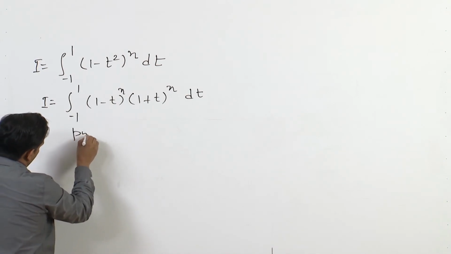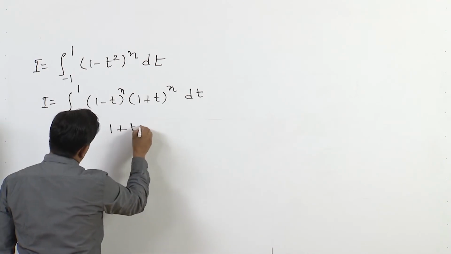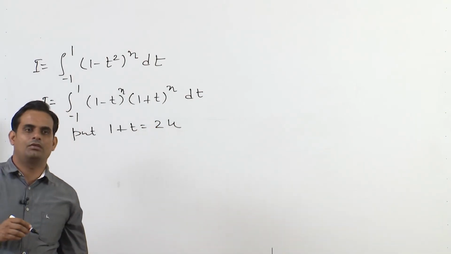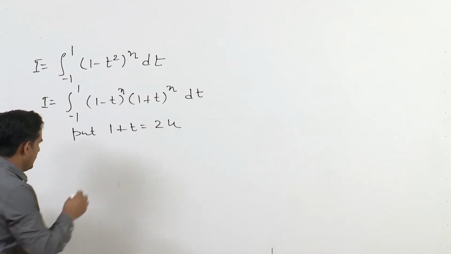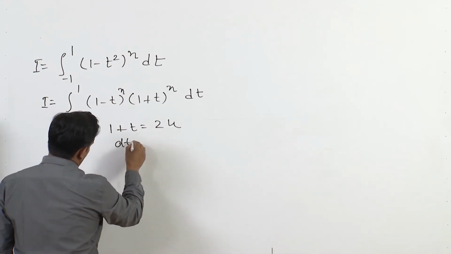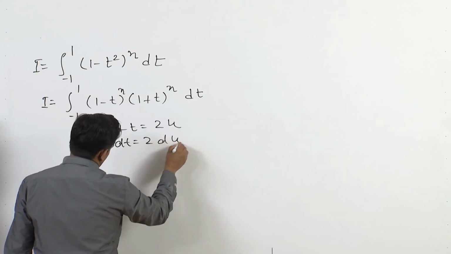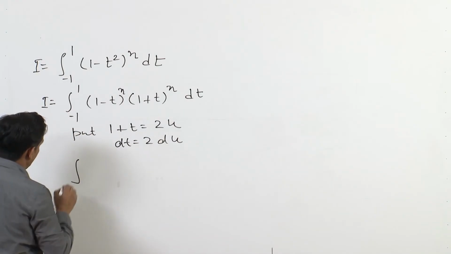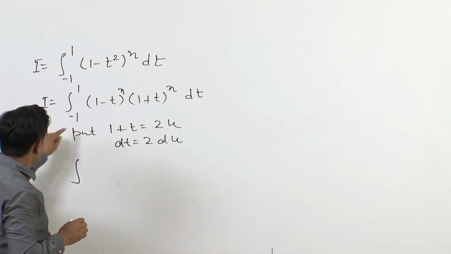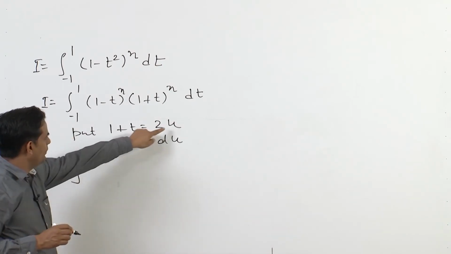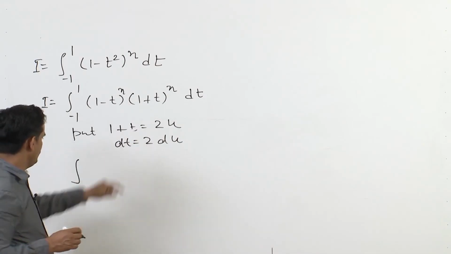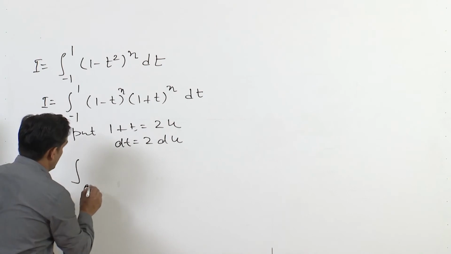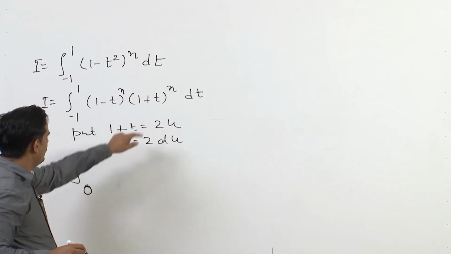Put 1 plus t equals twice u. This will give me dt equals 2 times du. So, when t is minus 1, u will become 0, and when t is plus 1, u will become 1.